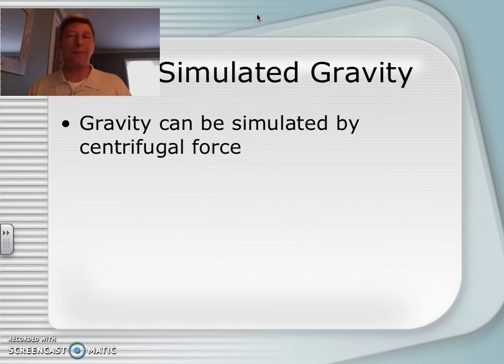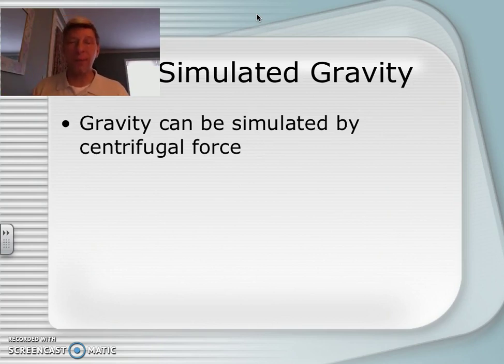Okay, and so that's all fine and good for short periods of time, a couple of months or maybe even a year. But studies have shown that there are health effects to living in a weightless environment for that long. And so what we have to do if we ever want to travel great distances to other planets in our solar system or even perhaps beyond is to figure out a way to simulate gravity.